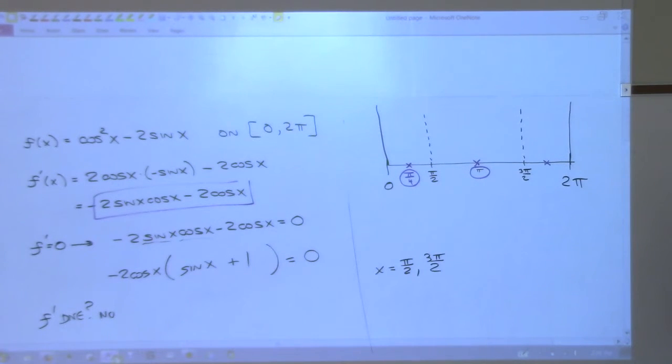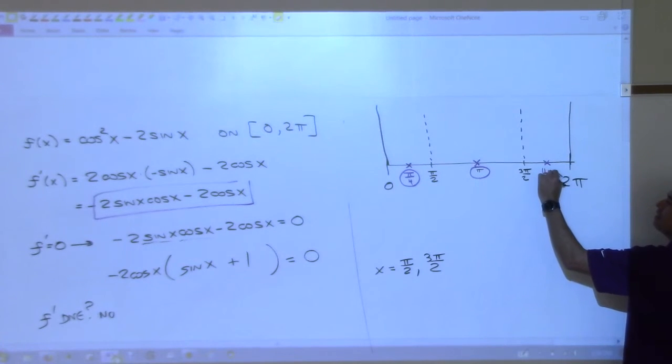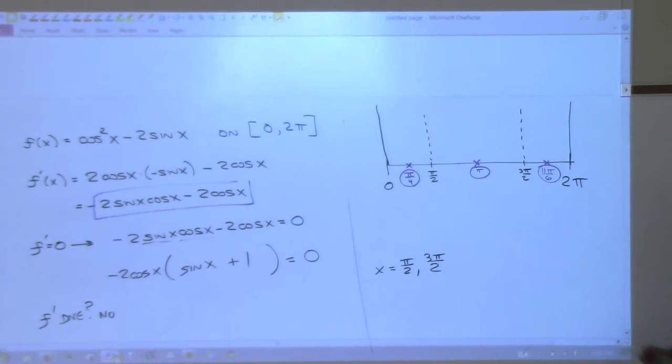Is it 11 pi over 6? Is that 300 degrees? 11 pi over 6 will work. That's not the only one, but there are different ones we could use as long as it's bigger than 3 pi over 2. And now we get to plug those into our derivative.